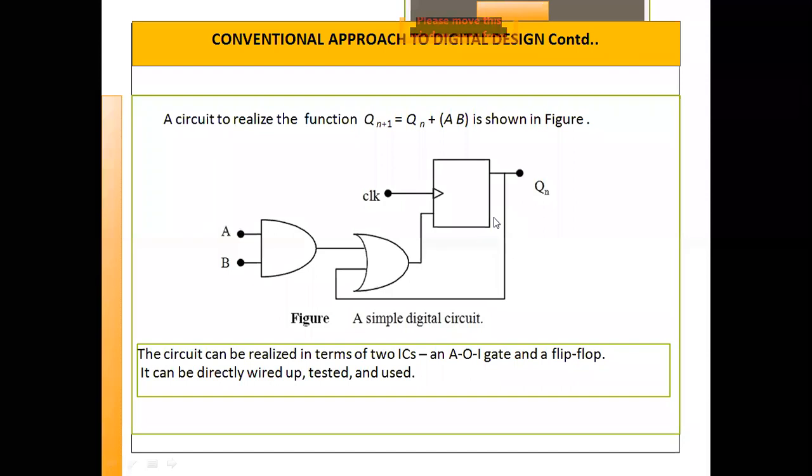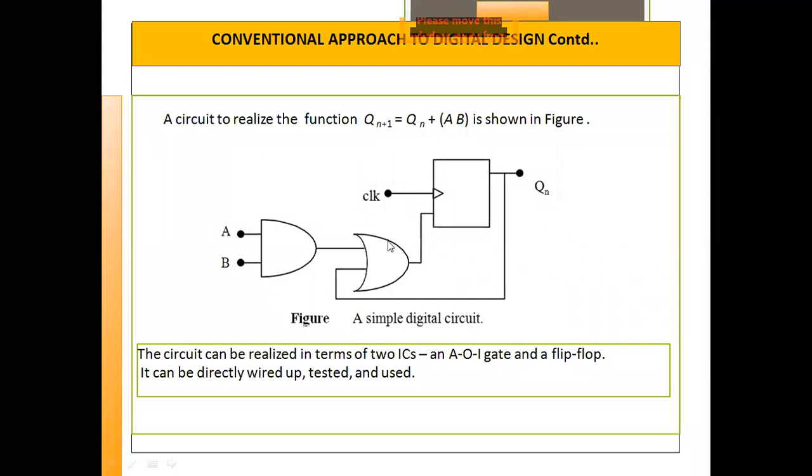So this expression Qn + A.B is shown here. Here we are using an AOI gate, that means AND-OR-Invert, one AOI gate and one flip flop.